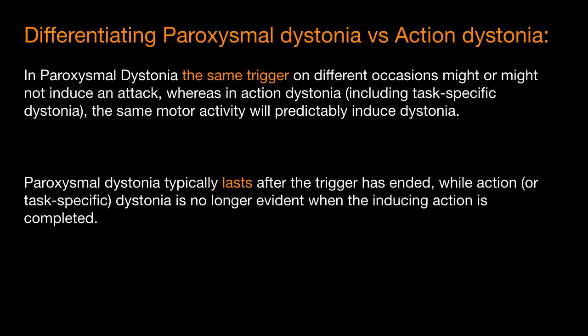In contrast to paroxysmal dystonia, in action dystonia, the same motor activity will predictably produce dystonia. Finally, paroxysmal dystonia typically lasts after the trigger has ended, while action or task-specific dystonia is no longer seen when the inducing action is completed.